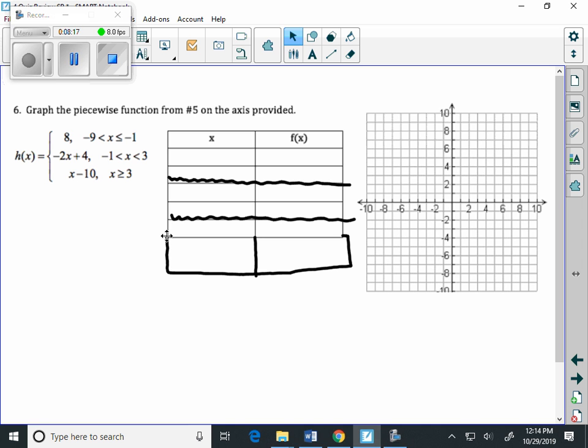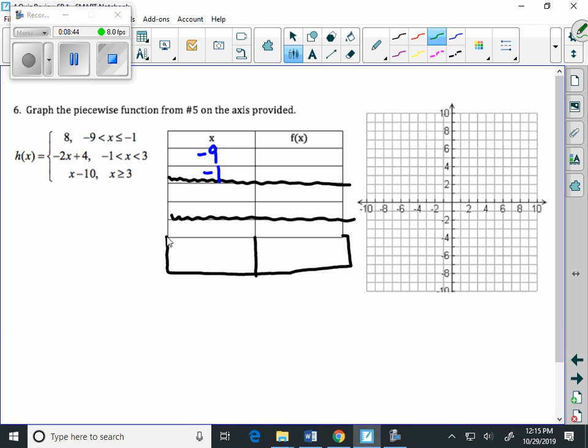I need 6 squares to go through this process. When we start, the endpoints of our domain, the -9 and the -1, are what we're going to use to help us draw a segment. And it is going to be a segment because there's a starting point and an ending point.